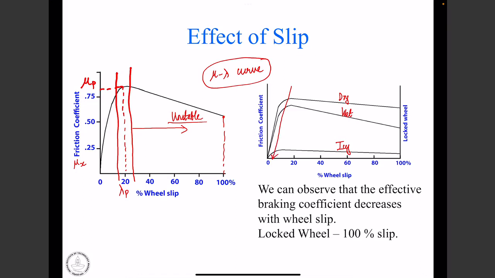That is point number one. Also, the slip ratio at which we get the peak changes. On a dry road, we get a peak value around 15 to 20% slip. On an icy road, we may get the peak values around 3 to 6% slip.